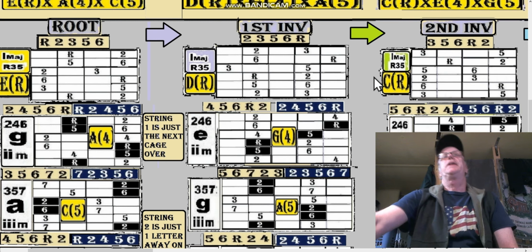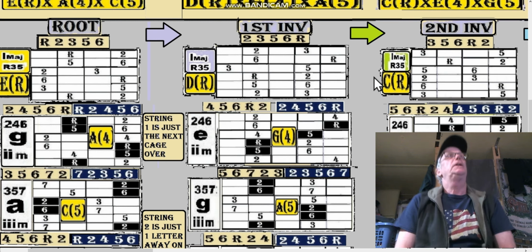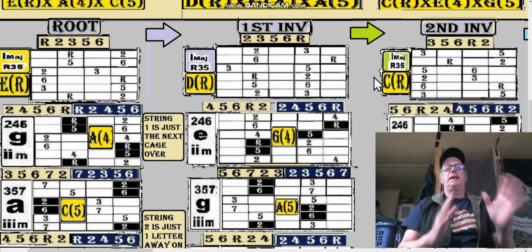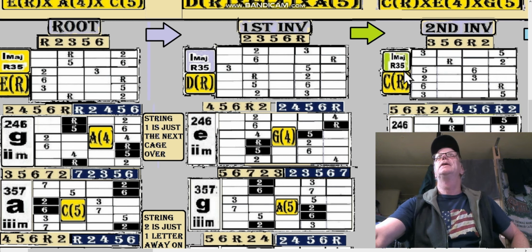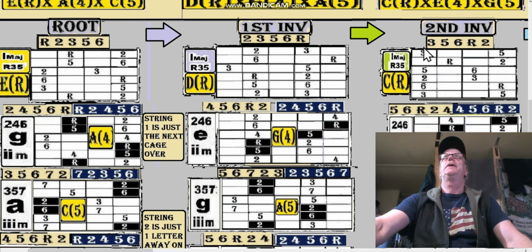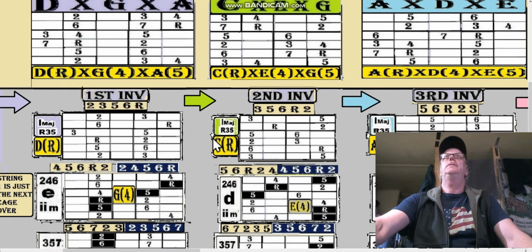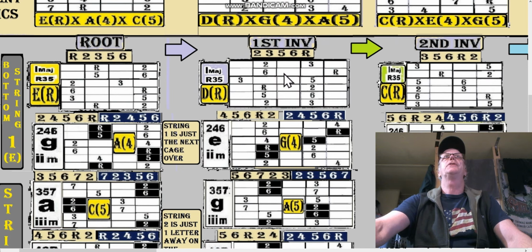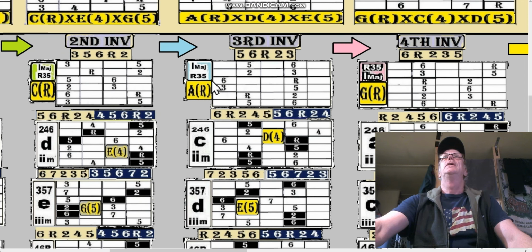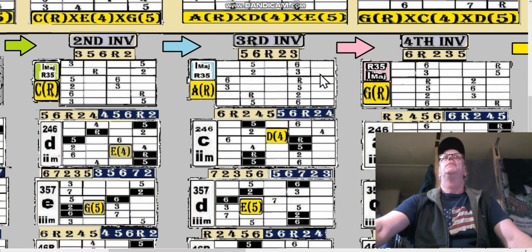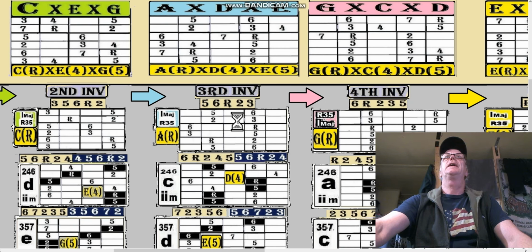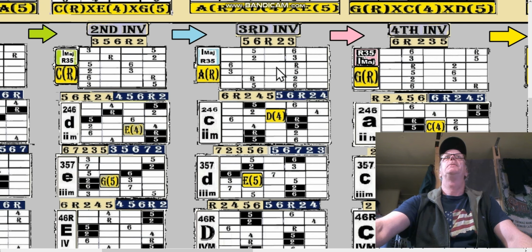So they're shared there, but guess what? We have another relationship between the cages. This is CAGED, and they're inversions of this original root 2 3 5 6. What we have here is CAGED. Sorry about that.